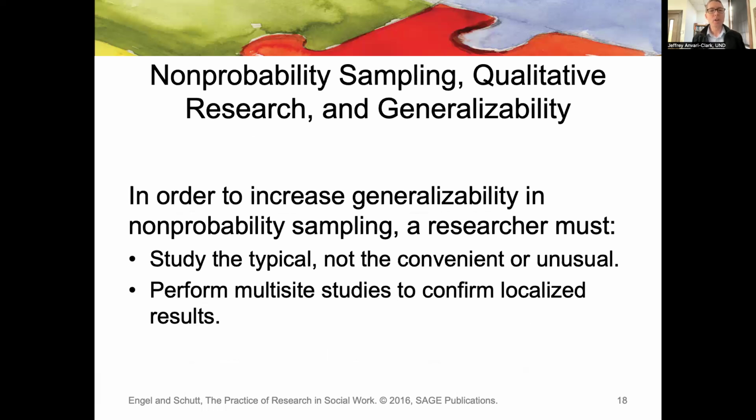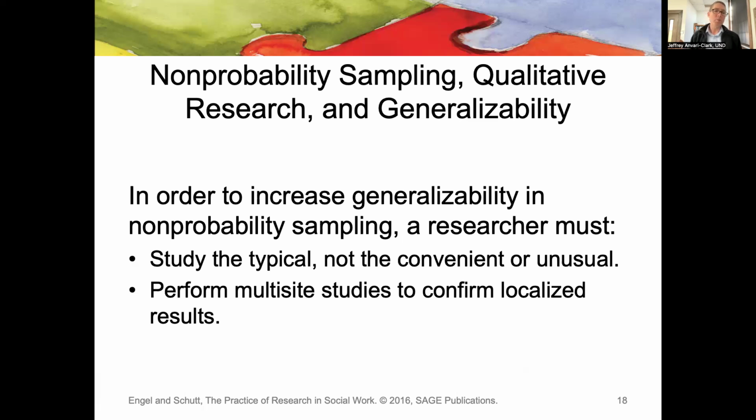All right. So when we talk about non-probability sampling, in order to increase the generalizability, we need to really focus on the typical case, not those who are most convenient to us, because a lot of times they'll be most like us, and we want to find out the experience of people who are different from us. Or looking at the unusual. So for generalizability, we're looking for the average and the lived experience of most people.